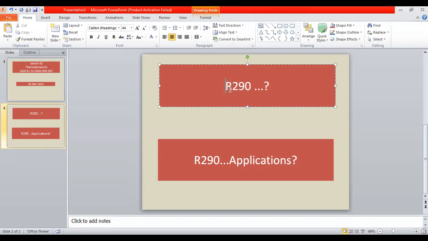Whenever R comes in front, we recognize this as a refrigerant. What is a refrigerant?